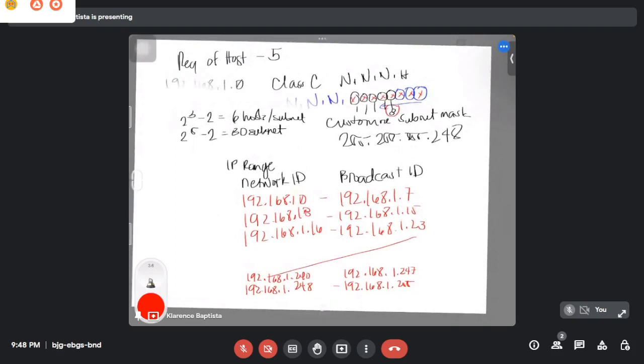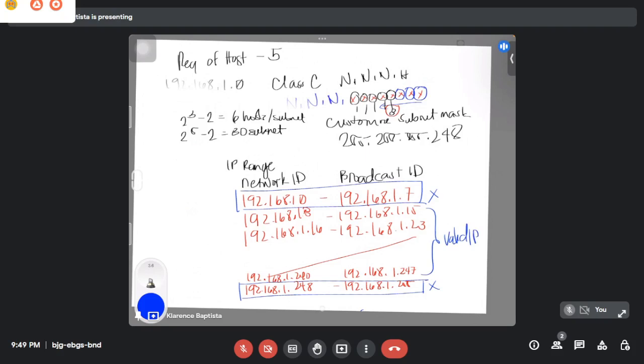No? And then, 30 subnets po yan. So, automatic, hindi ko na po bubuuin. So, 30 subnet po kasi yan. Kaya ngayon, highlight lang po natin yung mga invalid IP. And then, this would be the valid IP.